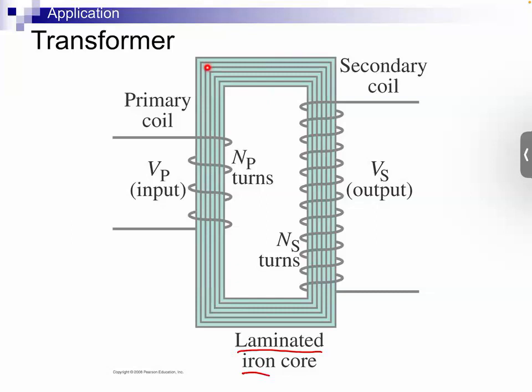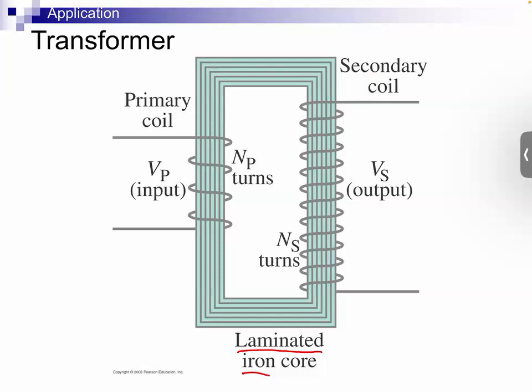So you have this core, and then on one side of the core, you have wire that's coiled around that side. We call that the primary coil. And then on the other side of the core, you have another set of wire that's coiled around. We call that the secondary coil.